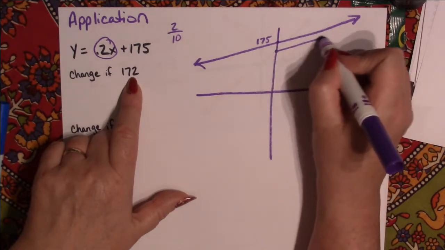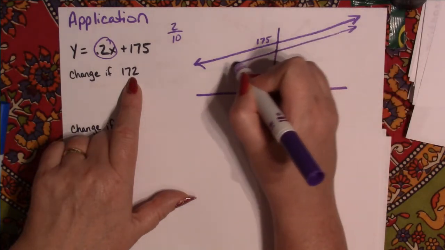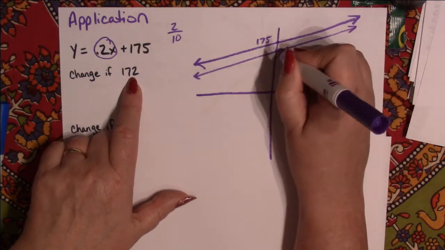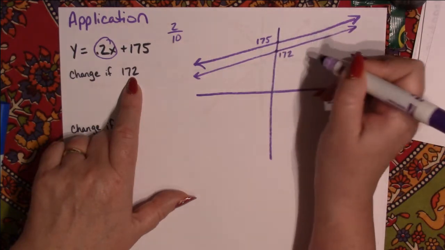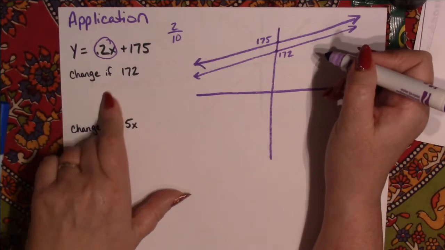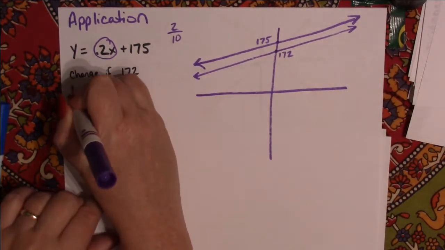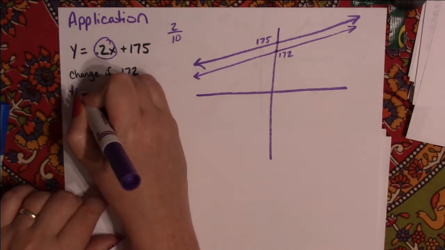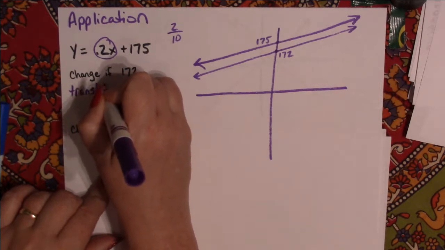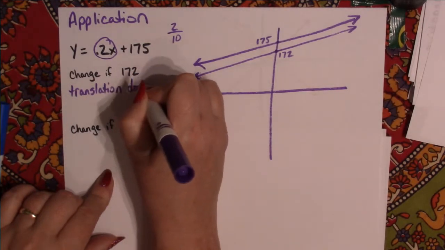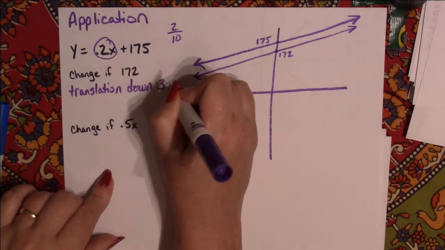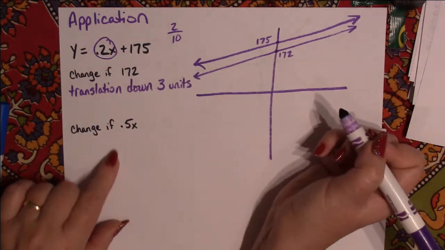How does that change? Well, all we've done is taken our line and drawn a parallel line starting at point 172. So all that did was sliding it down. We have a translation down 3 units, or $3.